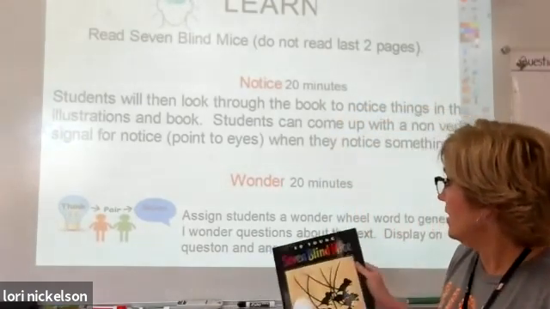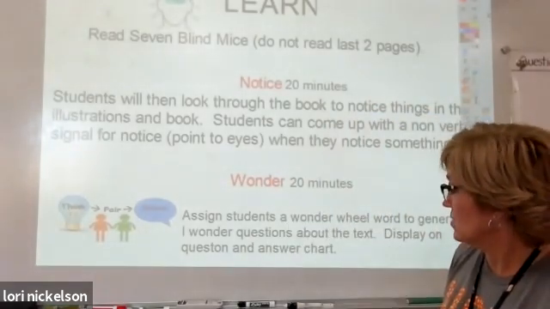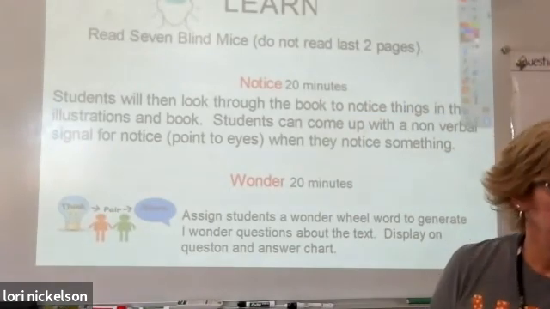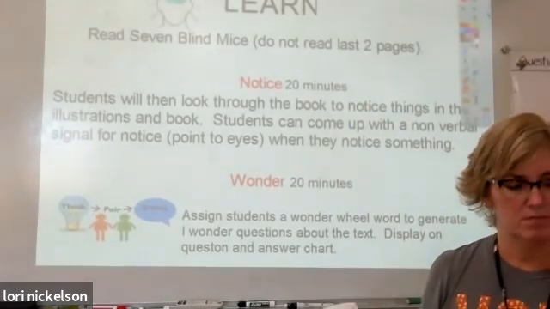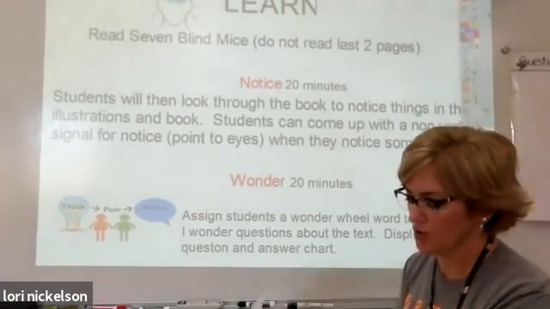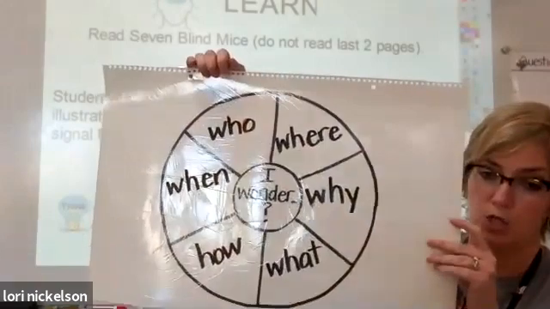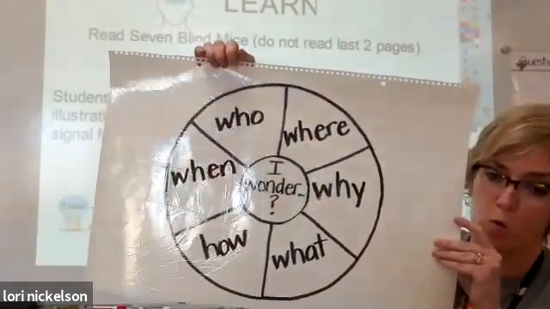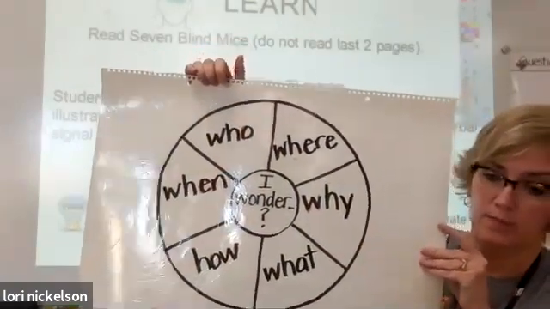So let's think about wondering about this book. If I use the wonder wheel, this right here, because I'm sure you've seen it already before, it's our question words. Who, where, why, what, how, and when.